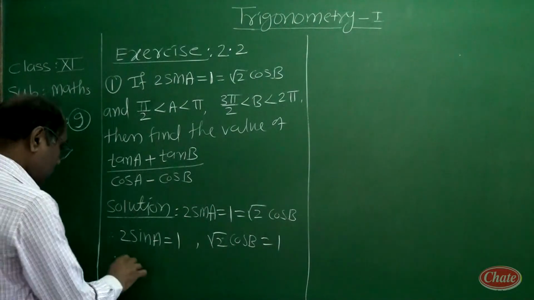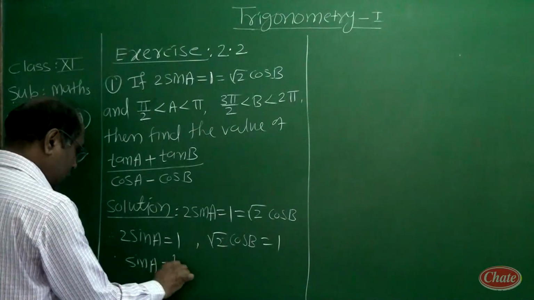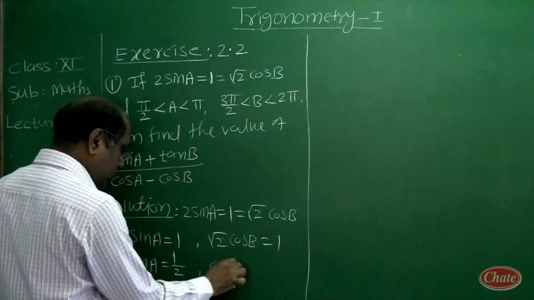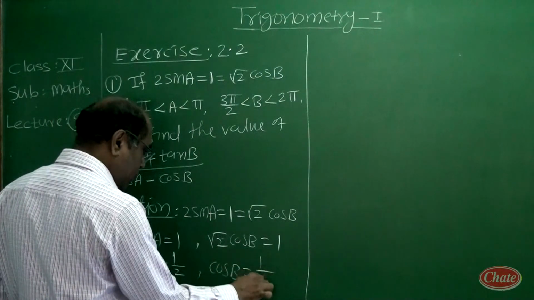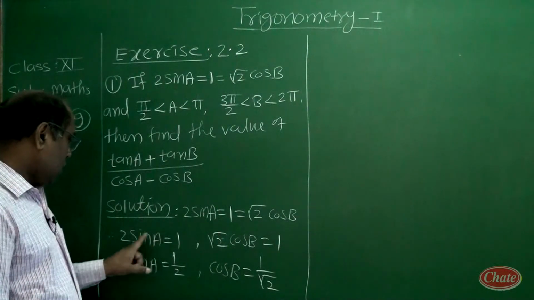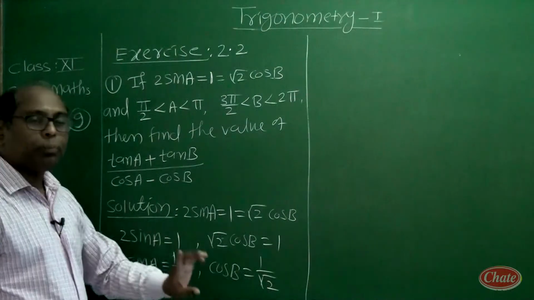So therefore sin A is equal to 1 by 2 and cos B is equal to 1 upon root 2.